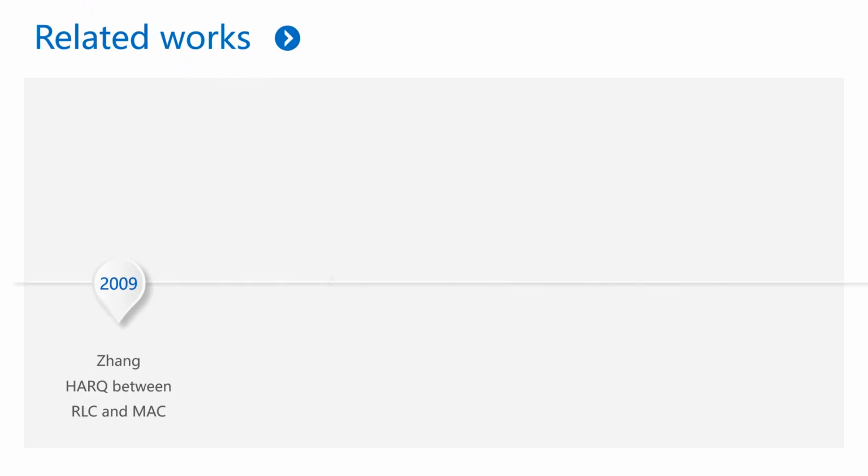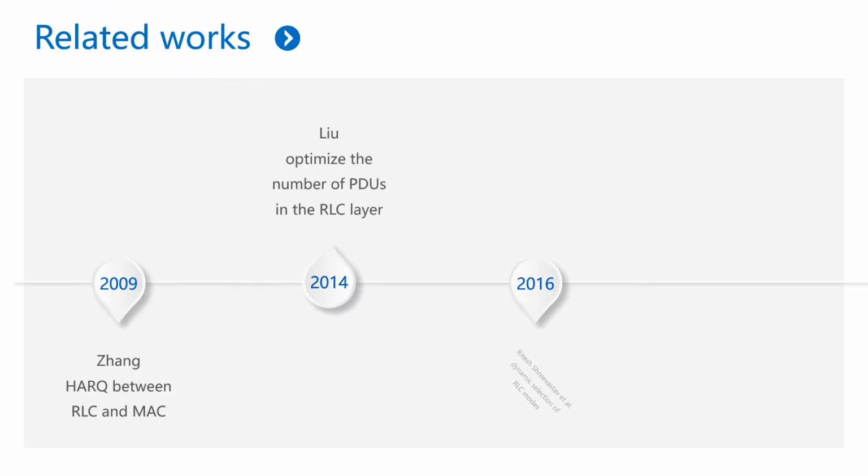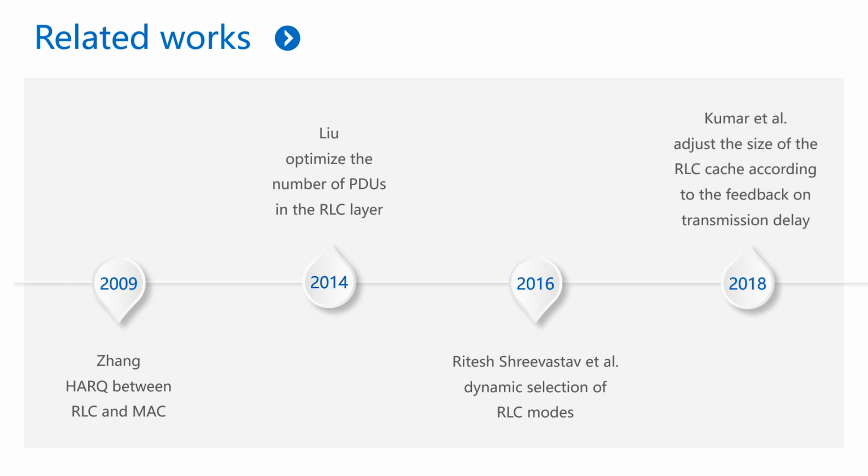In 2009, Zhao proposed the hybrid automatic repeat request (HARQ) between RLC and MAC layers. In 2014, Liu put forward parameter optimization methods, such as optimizing the number of PDUs in the RLC layer.